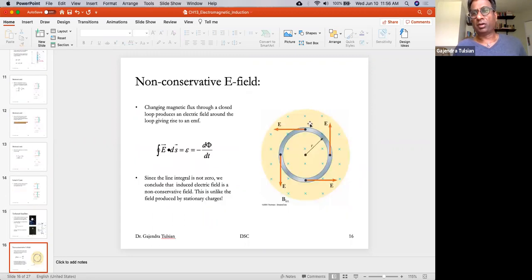All right, so the magnetic field is into the plane of the paper, and if you decrease the strength of the magnetic field, or, let me figure out. You're increasing the strength of the magnetic field, and the induced EMF will be like so.